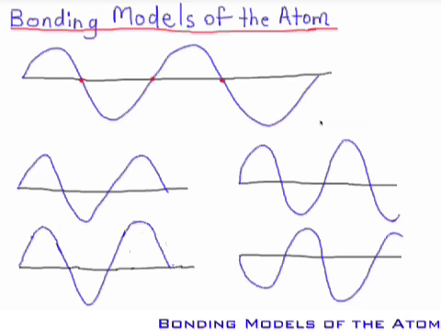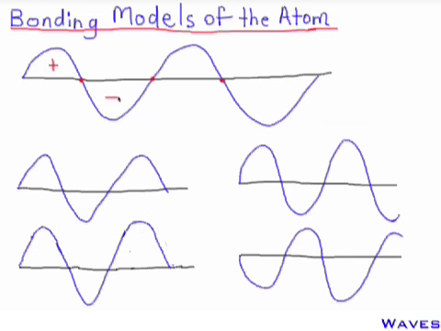In this lecture, we're going to look at bonding models of the atom, and in order to do so, we're going to begin by considering waves. Waves, whether those of sound or light, consist of positive amplitudes and negative amplitudes. The positive amplitudes are those areas of the wave that rise above what is called the nodal line or the zero value line.